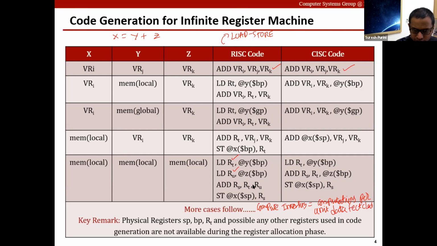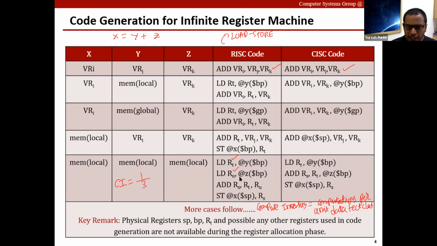So let's use the shorthand CI for compute intensity. Here we are doing one computation for 3 memory accesses. Rather than per unit data fetched, we may want to say computations per memory access, if we call it that way.